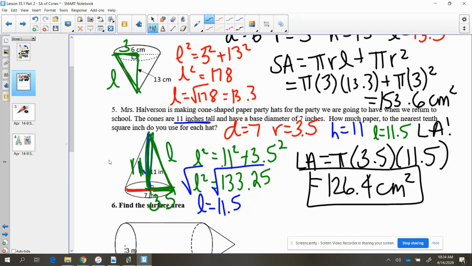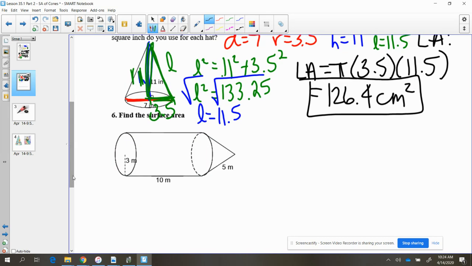All right, last but not least, imagine we have almost like a crayon here, right? We have a cylinder with a cone on top of it, and we want to find the total surface area. Well, similar to some of the problems we've done in the past, for the total surface area of this composite figure, we need to take into consideration what we can actually touch. For instance, we can touch the lateral area of this cone, right?